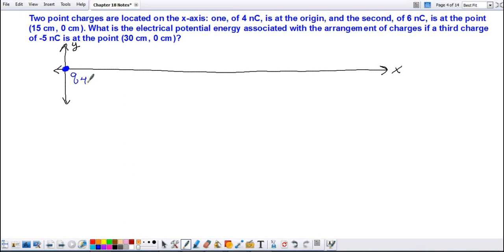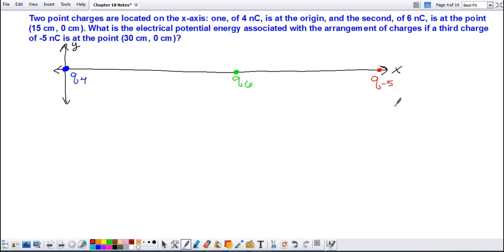A second of 6 nanocoulombs is at 15 centimeters, so over 15, up 0, right about here, and we'll call it Q6. And then we add a third charge at over 30, up 0. That is a charge of -5, so we'll call it Q-5.